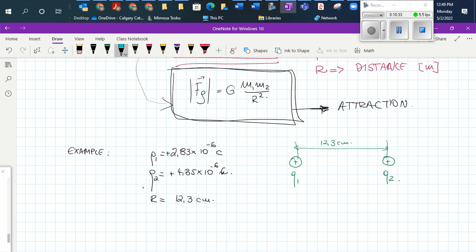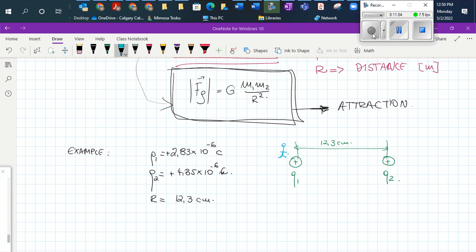Now, if we are calculating the electrostatic force that charge 1 is experiencing, then in our mind, we kind of have to put ourselves into charge 1, and then based on the general law of charges, ask what is the force that charge 1 is experiencing as a result of the presence of charge 2 being with the same nature. So is it attraction or repulsion?